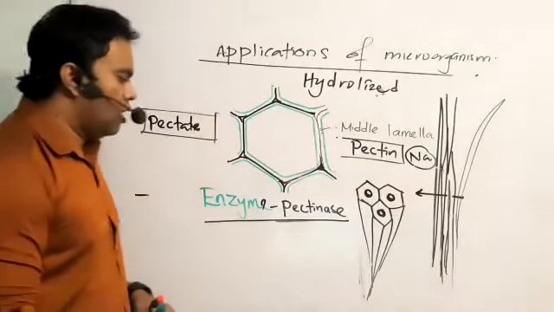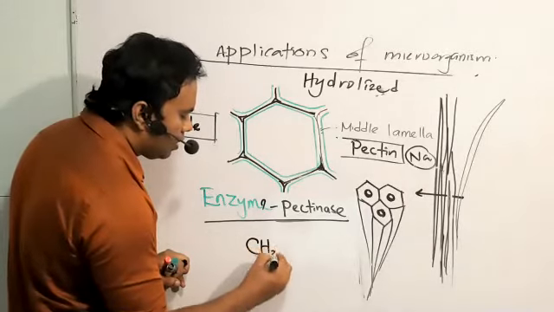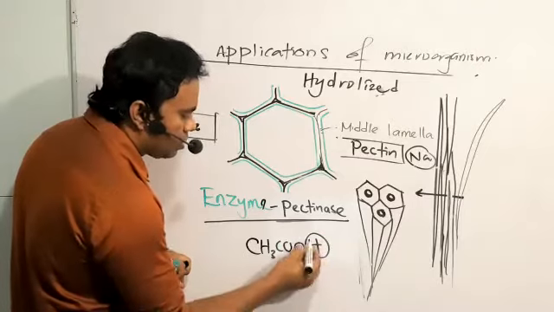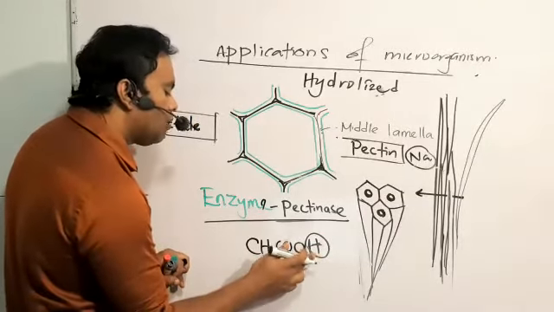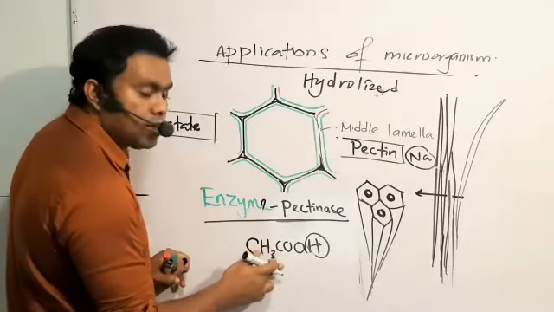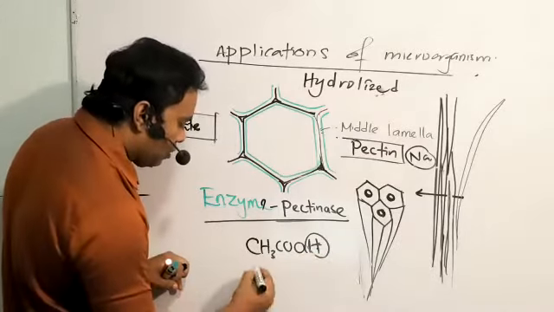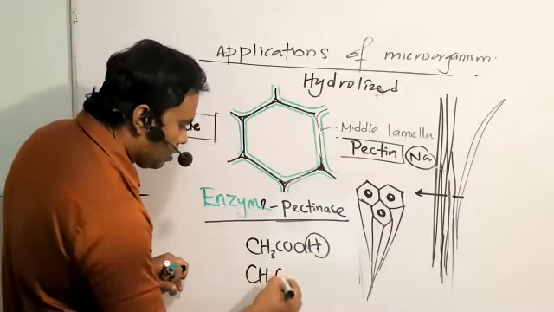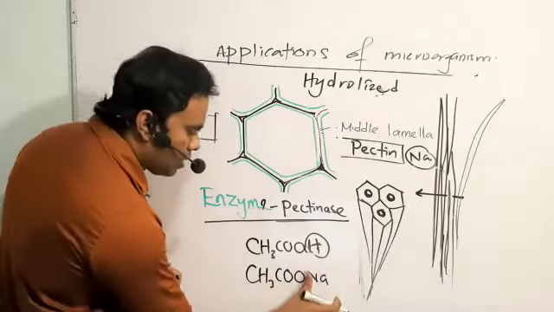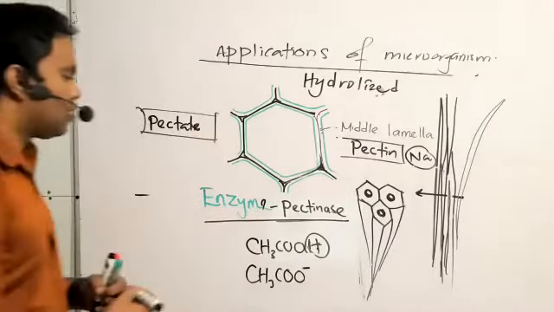As an example, acetic acid, CH3COOH, because of the existence of hydrogen. When it is combined with sodium, we call that sodium acetate, CH3COONa, because if you remove sodium, this charge is minus.